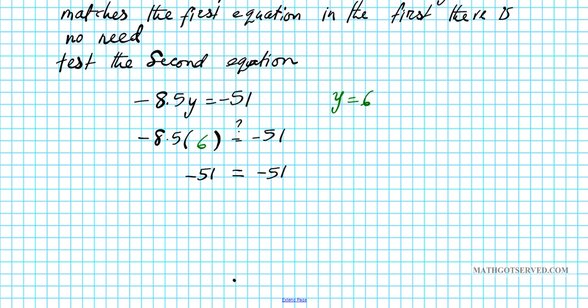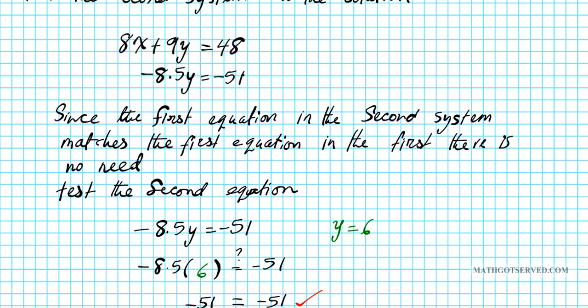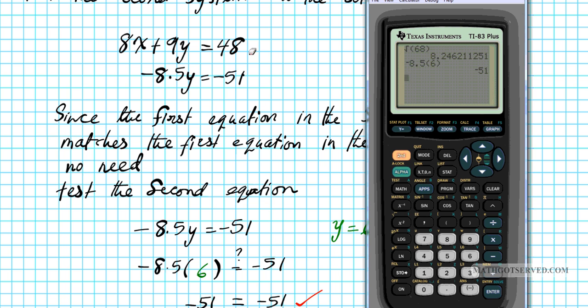Now, let's say you don't like what I wrote up here. You don't believe me that it should work, and you say, I want to check for myself that the answer also applies to the first equation in the second system. So you can do a test just to satisfy your curiosity. 8 times what is y?